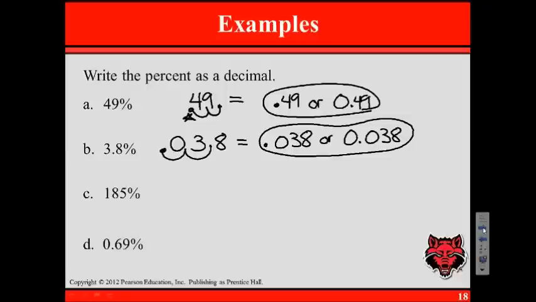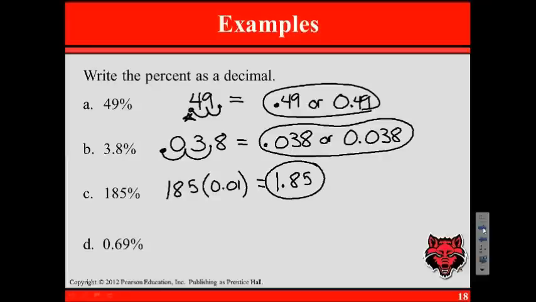So that's how we use the decimal moving technique. If we decide not to use that technique, we can replace the percent sign with the decimal equivalent, just like we saw from the last slide, which was 0.01, and we multiply. 185 times 0.01 is 1.85.